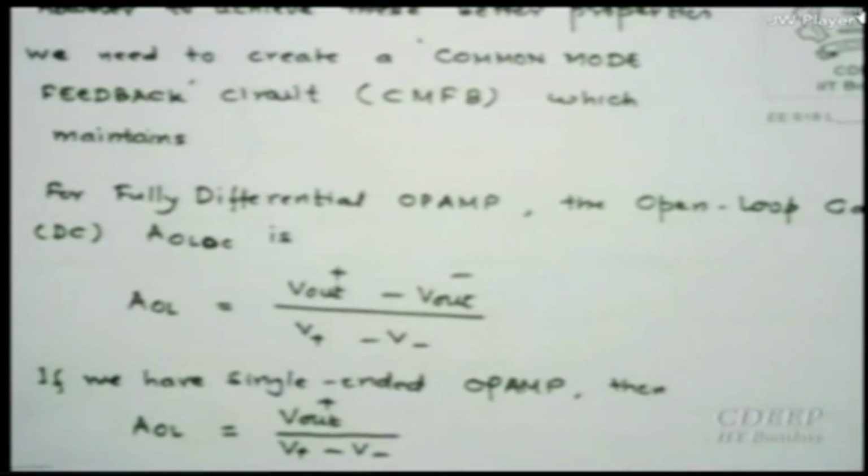If you make it single ended, make one of the outputs 0 or don't consider it, so Vout plus over the difference, I still have a single ended output. So it is not that this cannot be used as single ended; it can always be used as single ended. But then the major advantage of noise rejection is lost. Then why do you use double? You might as well use single ended, which is much more stable.